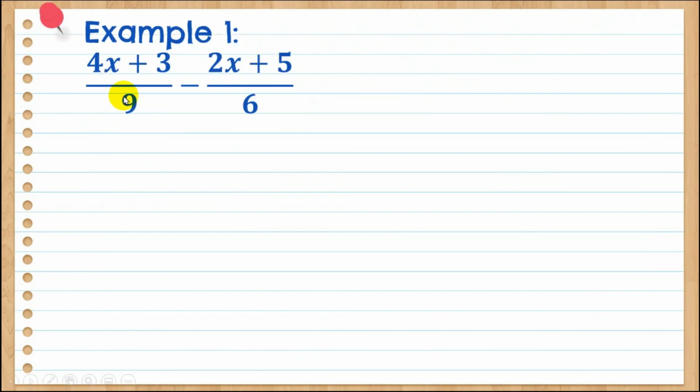We have here (4x + 3)/9 minus (2x + 5)/6. Step number 1 is to find the least common denominator. So, our denominators are 9 and 6. And to find the LCD, para lang tayo naghahanap ng LCM, again, write the prime factors.